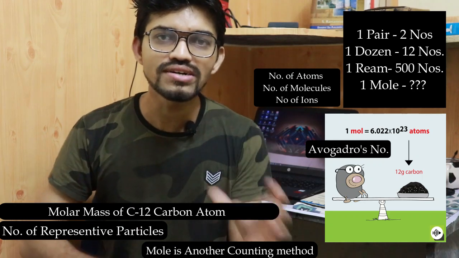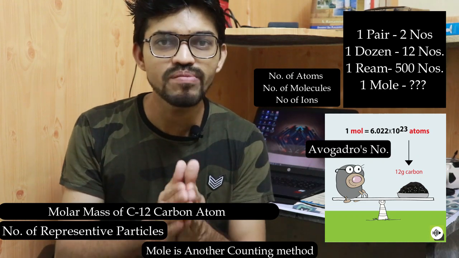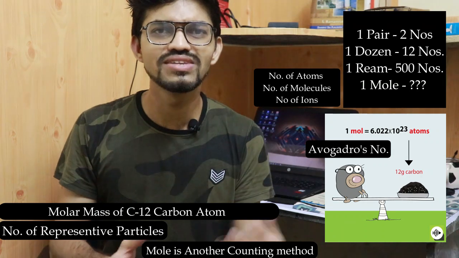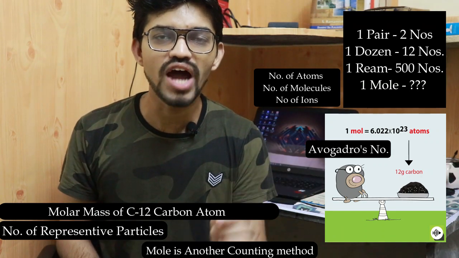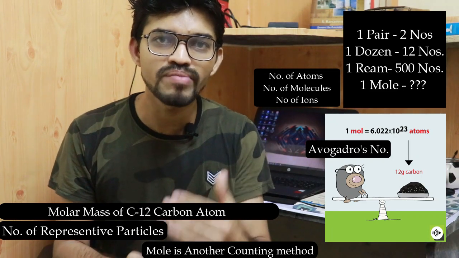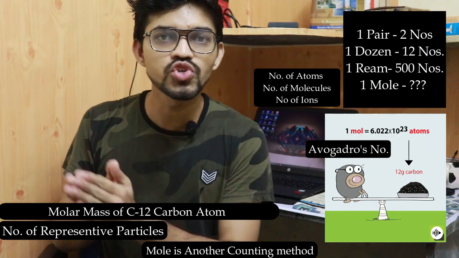So guys, that is the reason, and from ancient times carbon is used as a reference in chemistry. So this is the main reason the molar mass of carbon is used as a reference standard, and it is termed as Avogadro's number, that is 6.02 into 10 raised to 23.